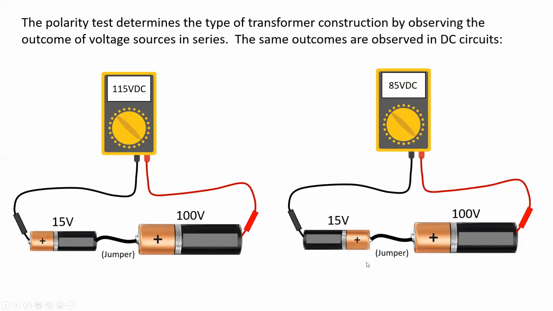If, however, I take one of those sources and flip it around so that both of those positives are connected together, we will actually get a subtraction of voltages. So 100 minus 15 gives me 85 volts.